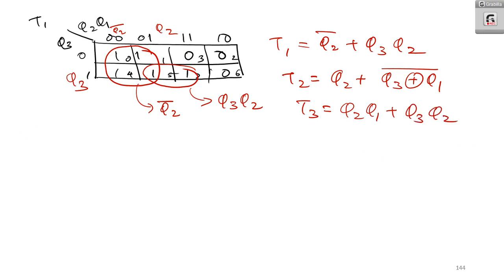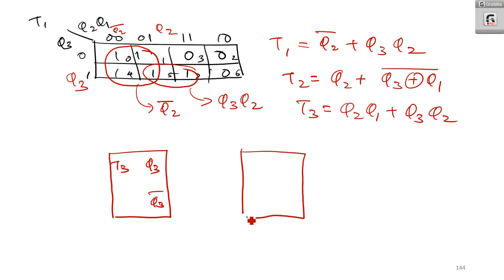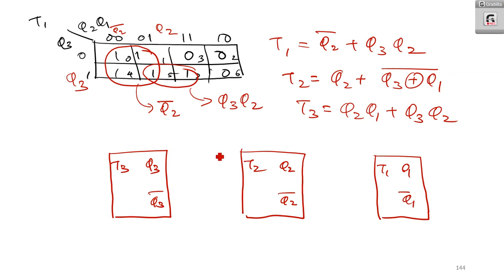Now let me draw the logic circuit for this. I am having the flip-flops T3 with Q3, Q3 bar, T2 with Q2, Q2 bar, and T1 with Q1, Q1 bar. Now what is T3?